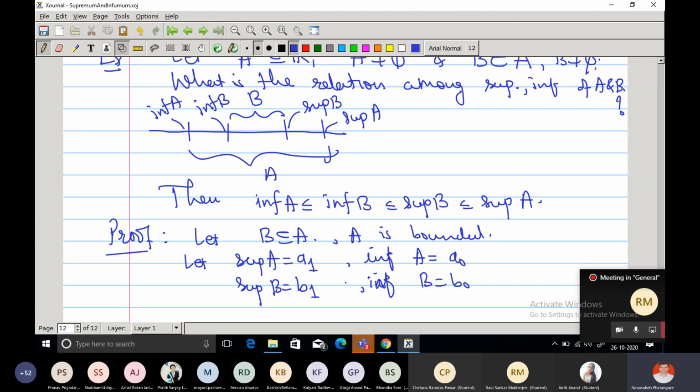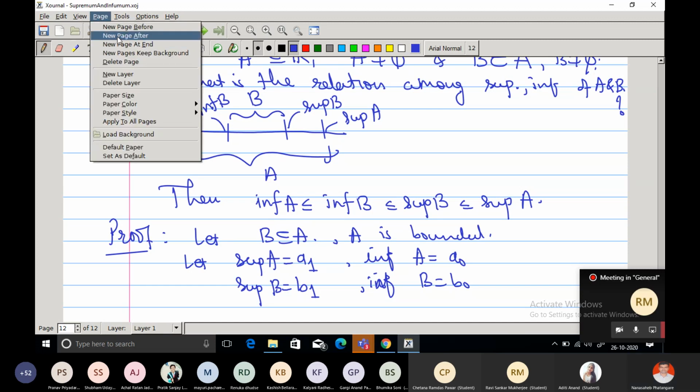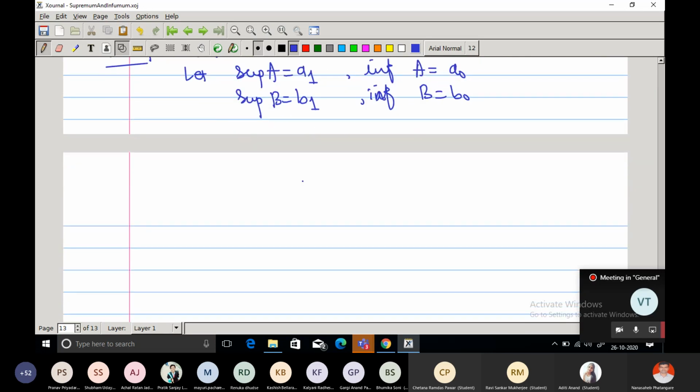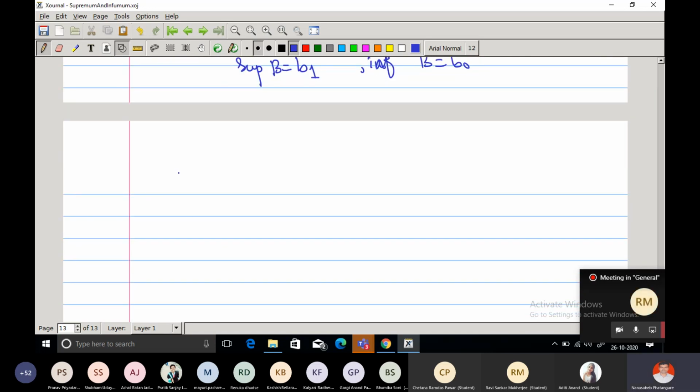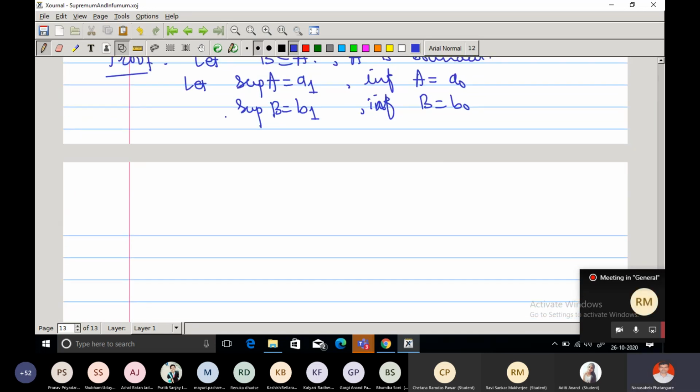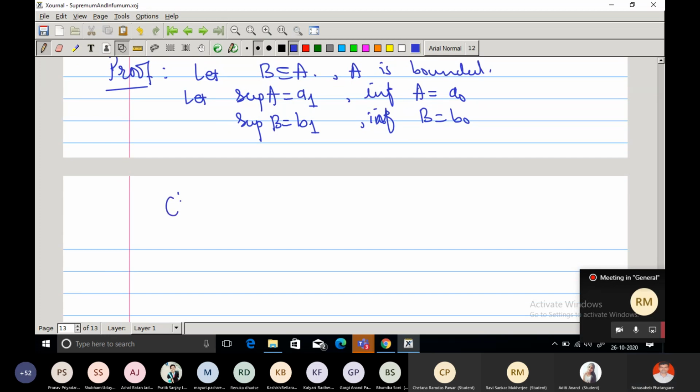Suppose, then what is our claim? With respect to this notation, what is our claim?